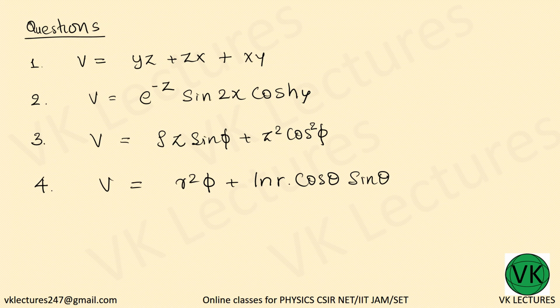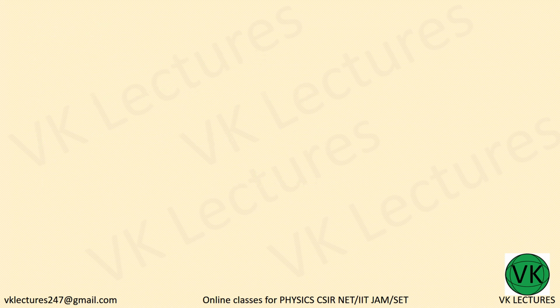Here are a few questions that you can try. The potential or the V, that is the scalar field, is given. You have to find out the gradient of the scalar field. Divergence of a vector.